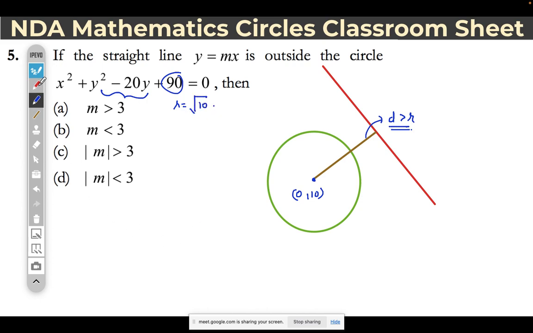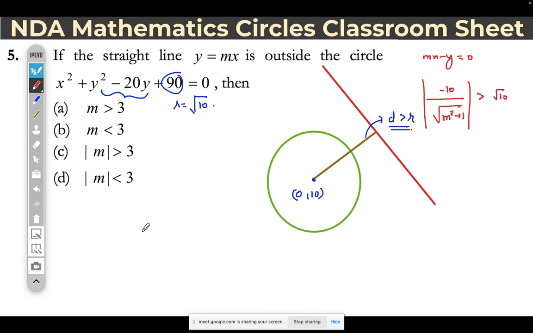So the distance of this line, which is mx minus y equal to 0, from 0 comma 10 is mod of 10 by square root of m square plus 1. It is greater than, not equal, not tangent, it is outside, so the distance is greater than the radius root 10.